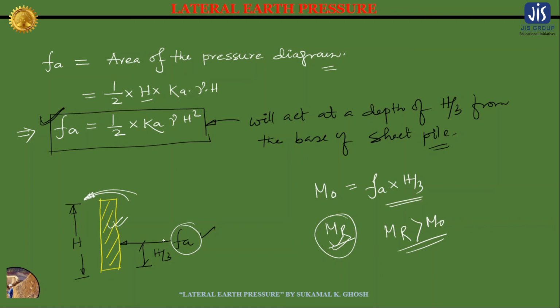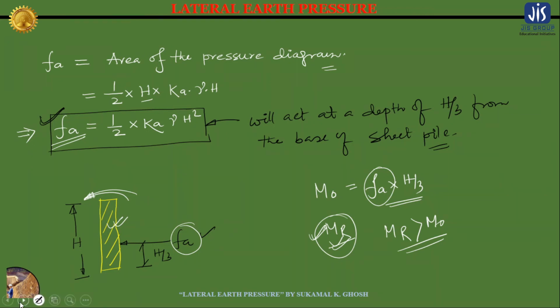Okay, so once we know the value of this Fa, the active earth pressure force, then we can also calculate this overturning moment. Okay, so that is why it is very important to calculate this active earth pressure force.